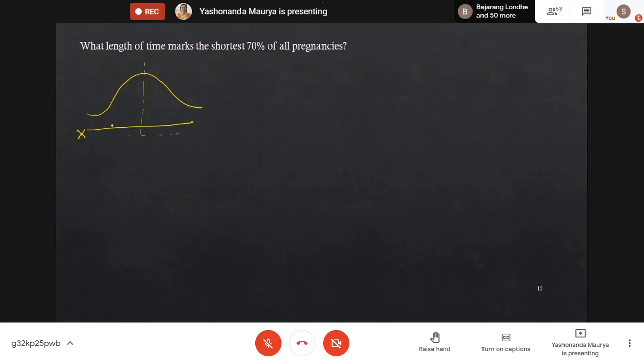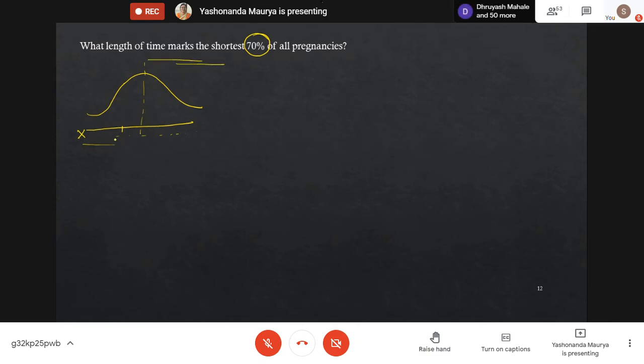Okay, so what they are saying is shortest 70%. So from this side I have to take and I have to mark the point shortest over here. So suppose I mark it here, and suppose this is that time which is asked over here.